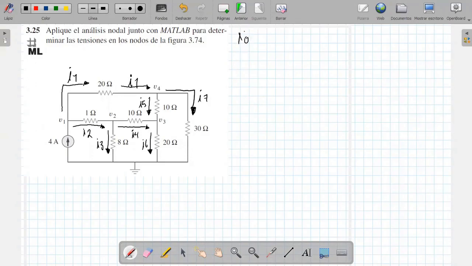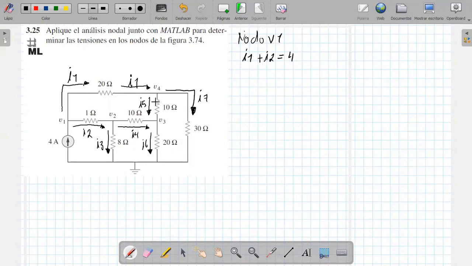Node V1. Here I'm going to look at the currents: the currents that enter are going to be equal to the currents that come out. The current I1 plus the current I2 is going to be equal to 4 amperes.